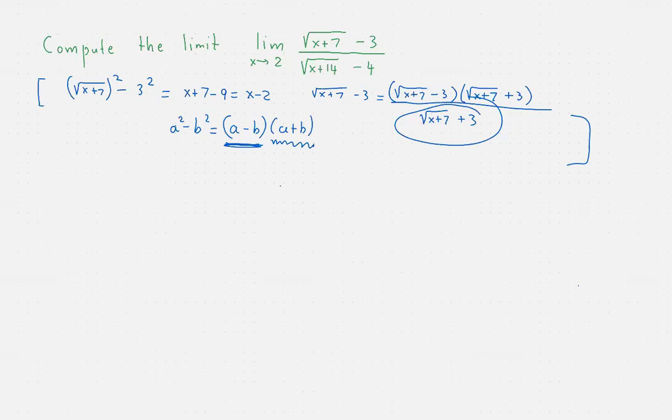So we will have the limit as x tends to 2 of square root of x plus 7 minus 3 over square root of x plus 14 minus 4 is equal, and what we do is we multiply.